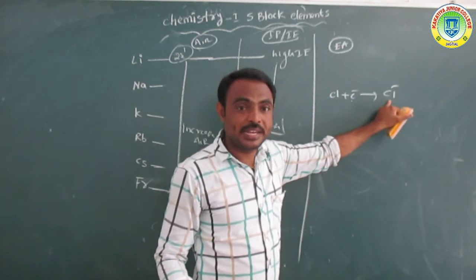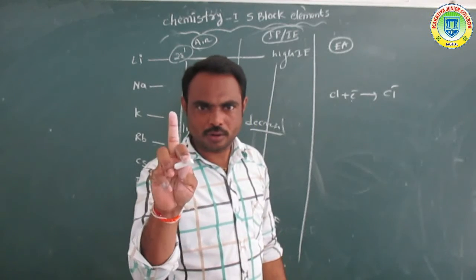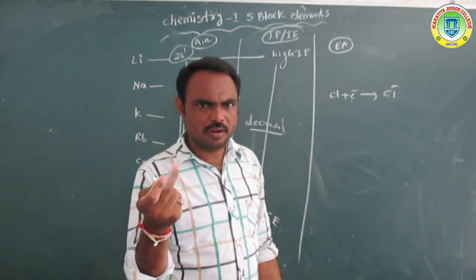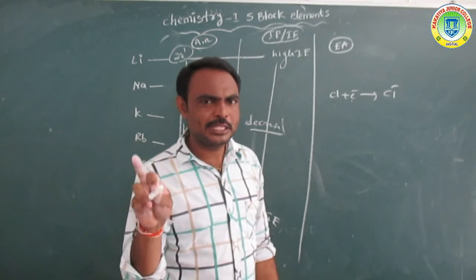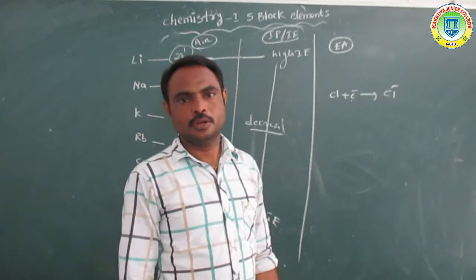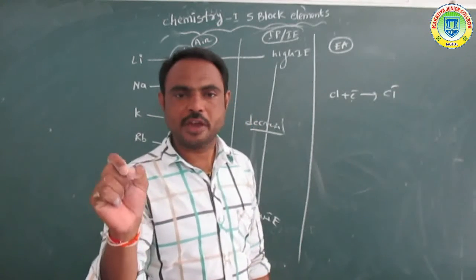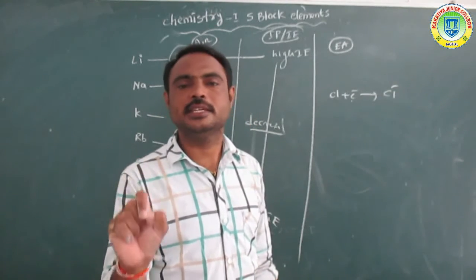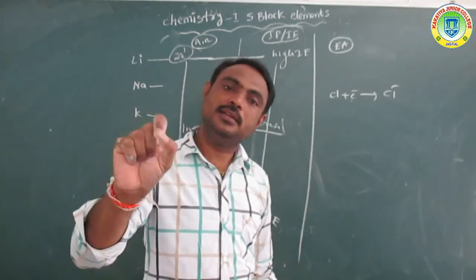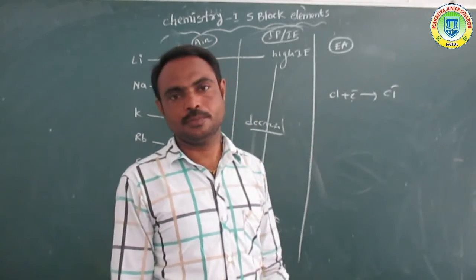Cl minus has how many electrons? 18 electrons. So it gains 1 electron. In this process we require some energy. Sometimes energy is also released.